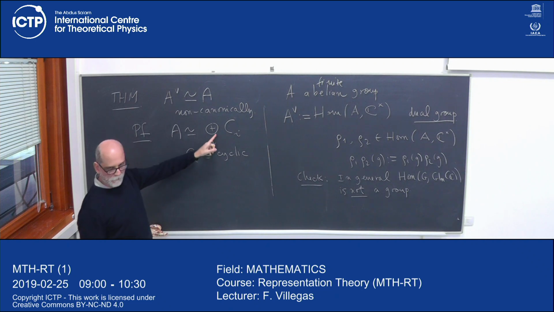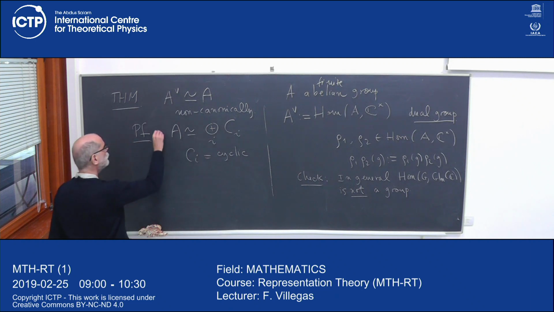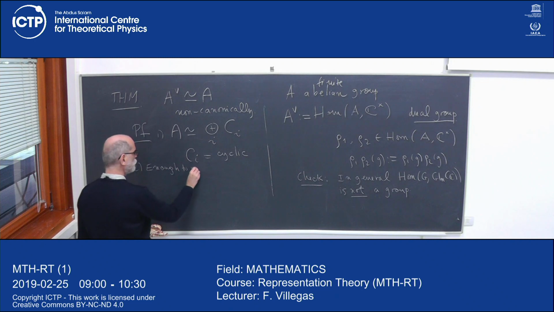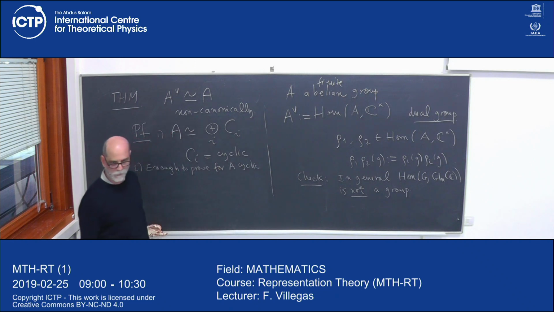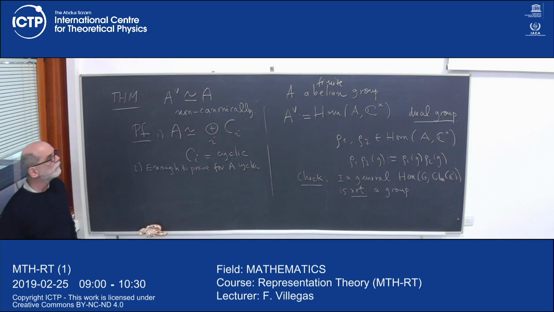Now, I claim that because it's a direct sum, it's enough to prove the statement for each summand. So this is point 1, point 2: it's enough to prove it for A cyclic. Because if it's true for A cyclic, then I can do this for the sum.